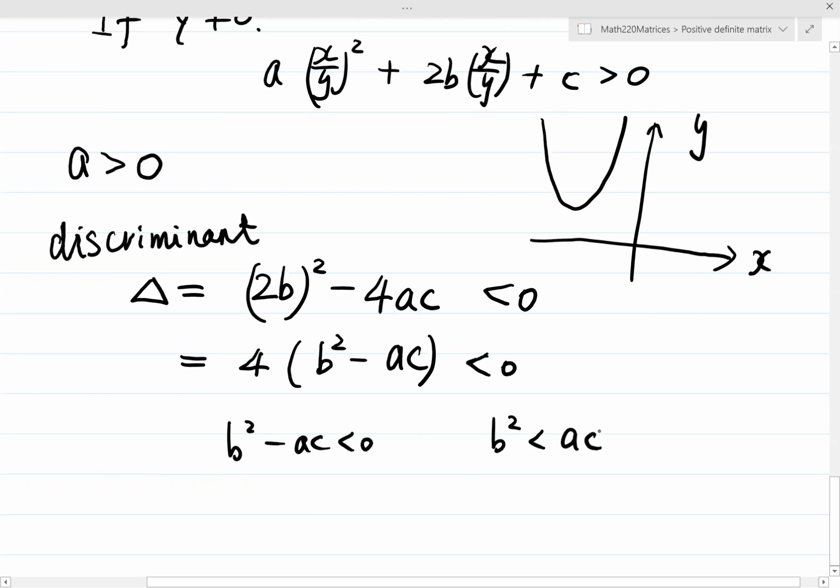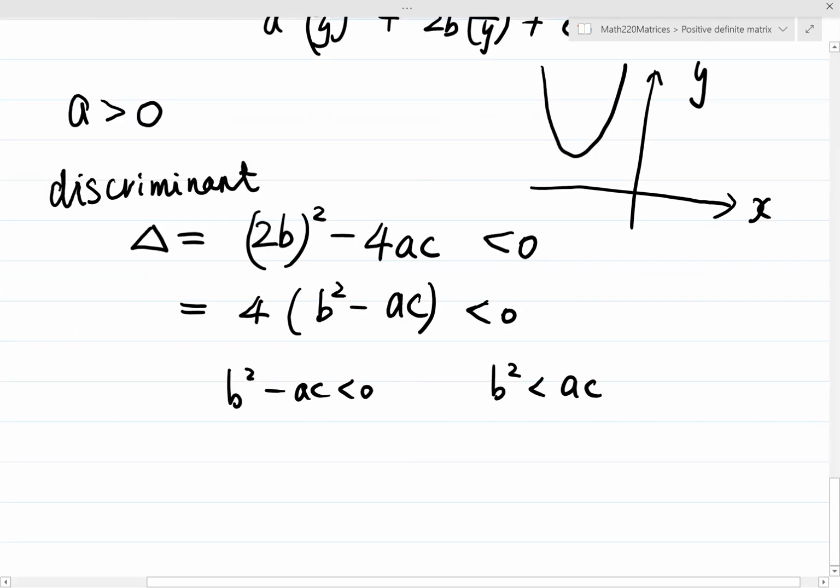Remember, this tells us that c cannot be 0. Otherwise, 0 greater than b squared has no solution.